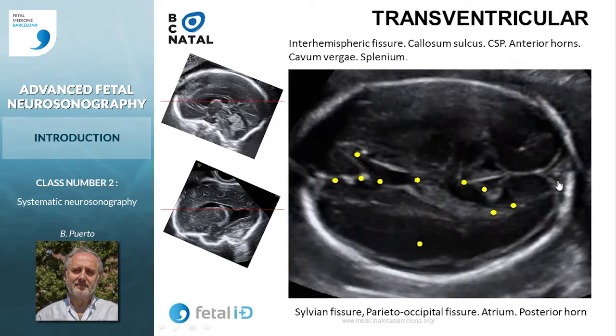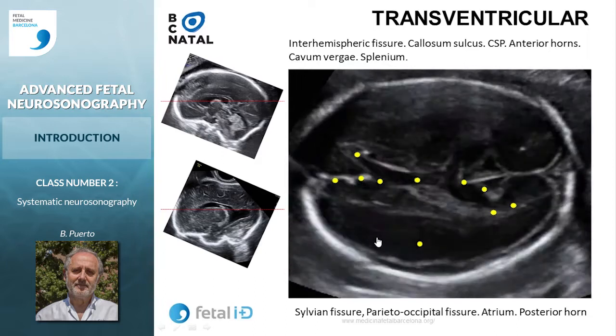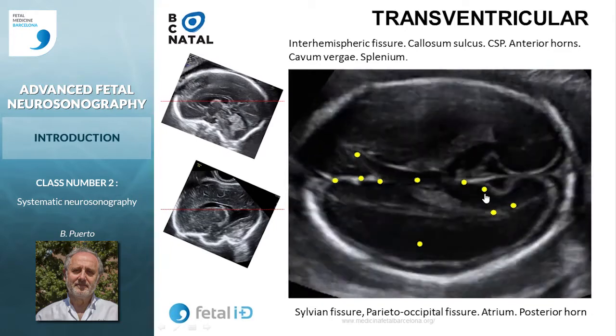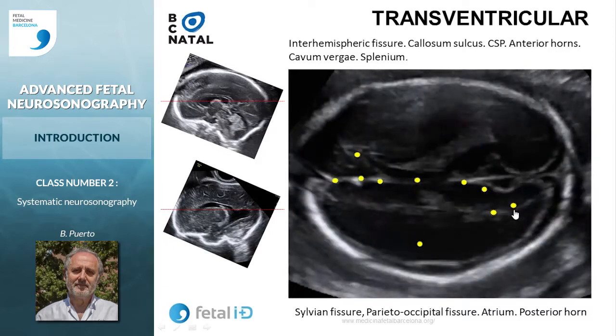At the sides, in the anterior part, we can identify the anterior horns of the lateral ventricles. In the middle part, the cavum vergae and parieto-occipital fissure, posterior horns of the lateral ventricles, and the atrium.